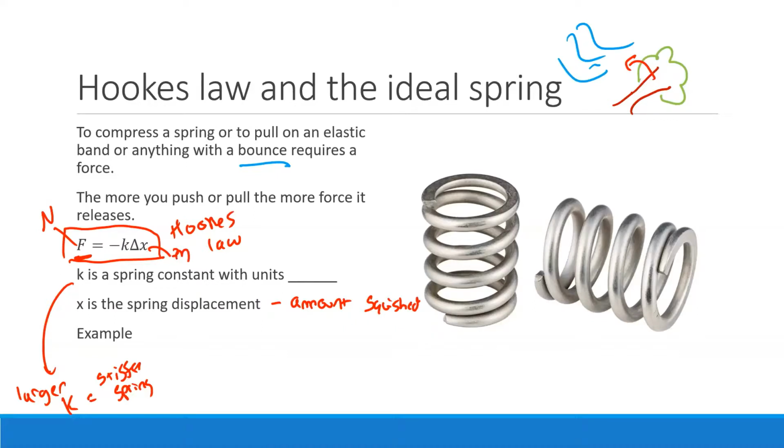So whatever K has to be, it has to convert the meters into newtons. You might say K is measured in newtons, but then newtons times meters would be newton meters. So I have to cancel out this m. How I cancel out this m is I go newton per meter, and that is the unit of the spring constant.